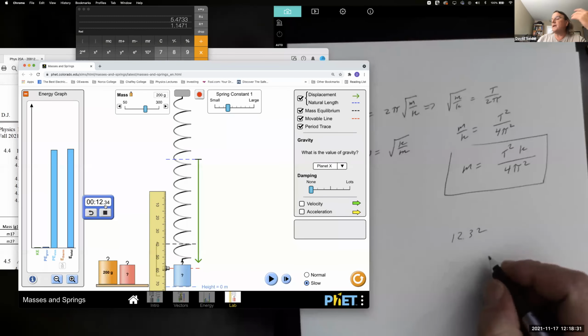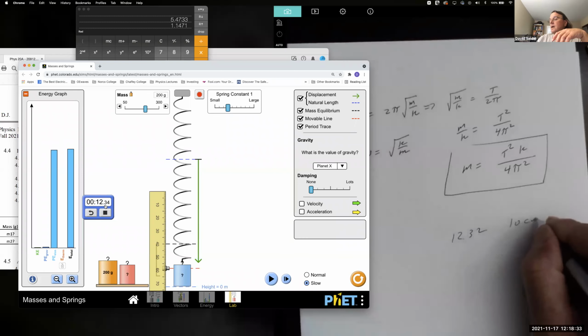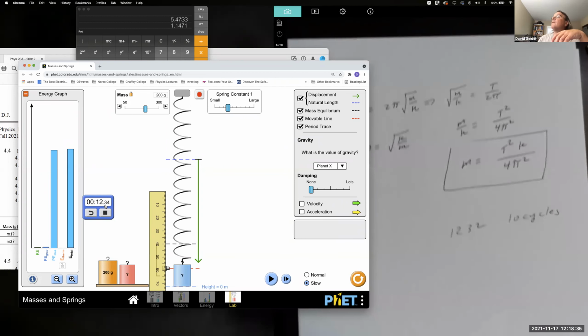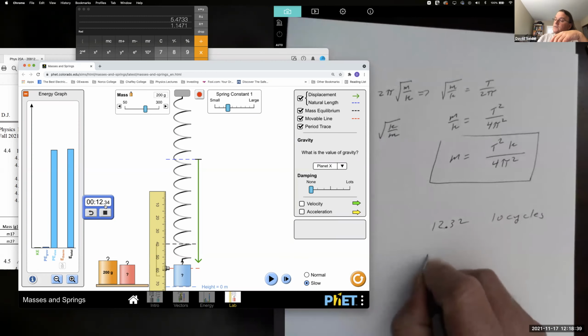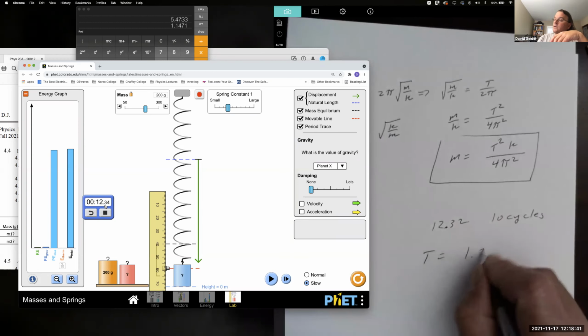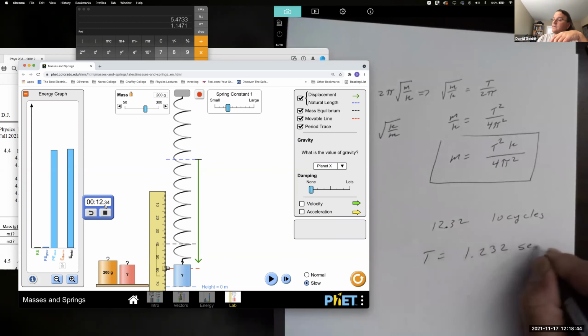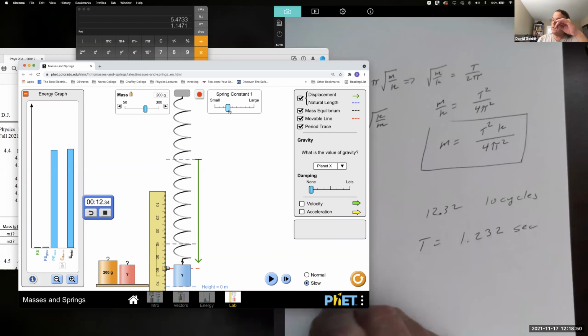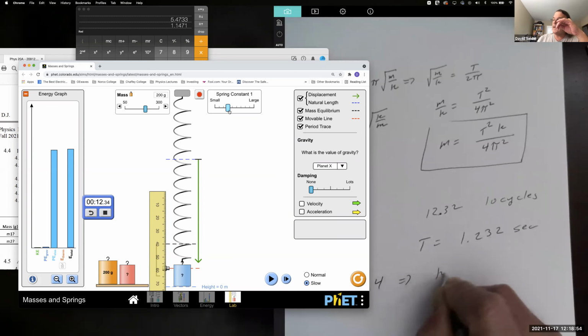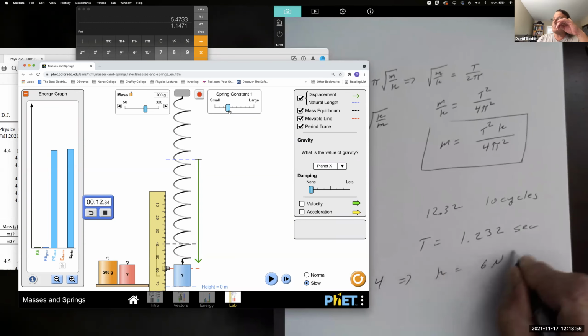12.32 was 10 cycles. I'm not going to spend a lot of time now filling in those tables. I had 12.32 with 10 cycles, so T is 1.232 seconds. Okay, I had this in position 4. Position 4 implies K equals 6 newtons per meter.